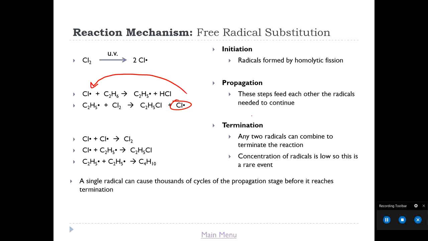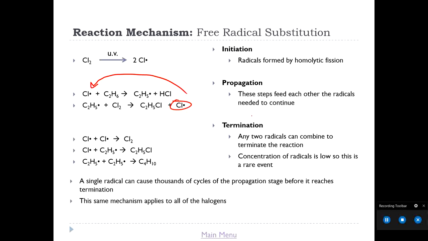So they are quite dangerous. And same with our body. Getting them into our body, hence why antioxidants are important, can cause thousands of propagation steps, destroying DNA structures or other things in our body before they terminate themselves.